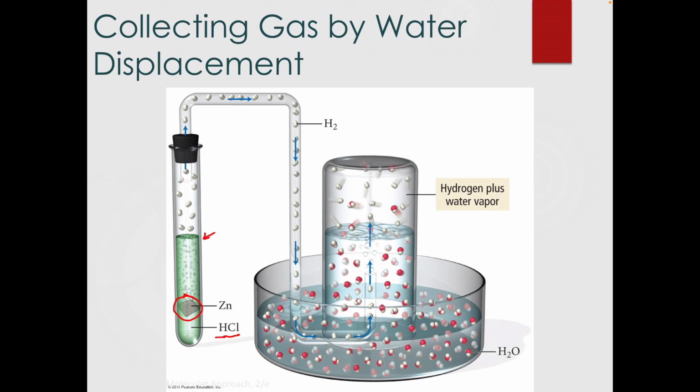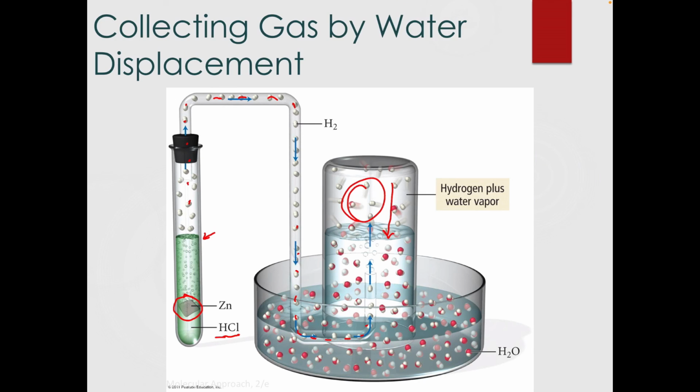And the hydrogen gas can be collected, right? It can travel up this test tube and over into this tube. And this tube is being submerged in water. And what's happening is that as the hydrogen travels into this tube, it's collecting up here and it's displacing the water, right? It's pushing water out.